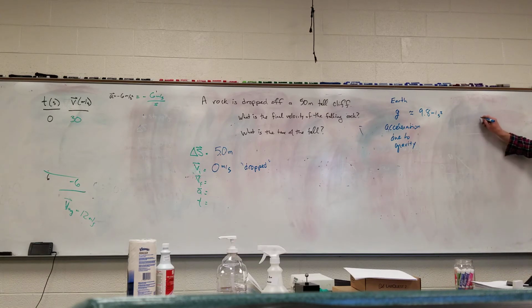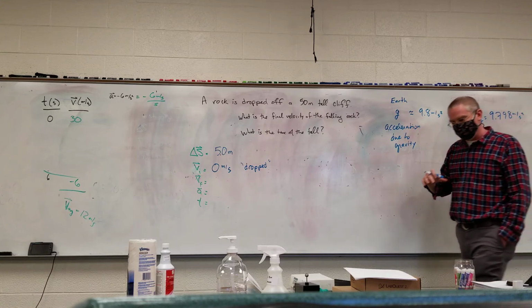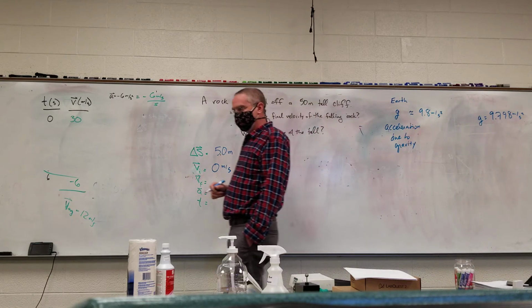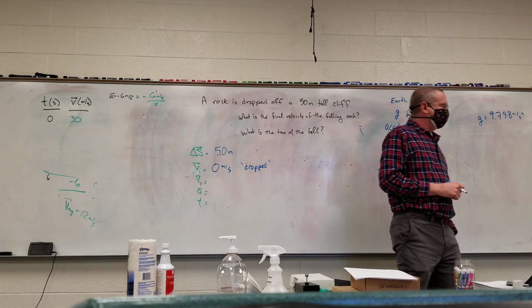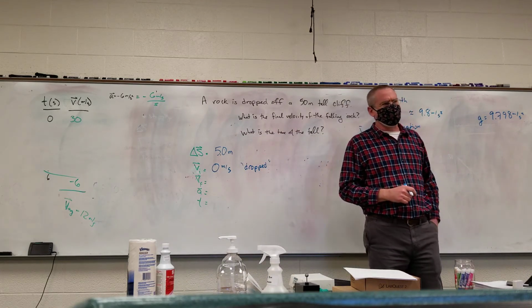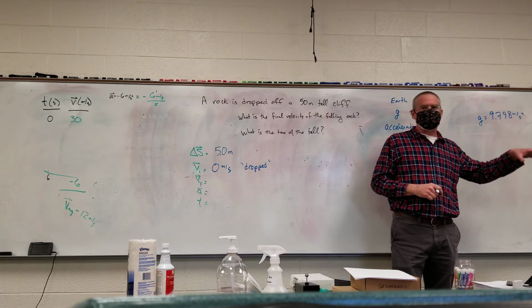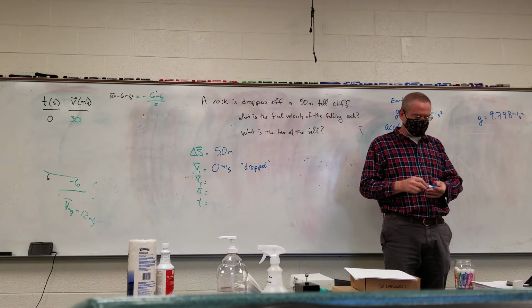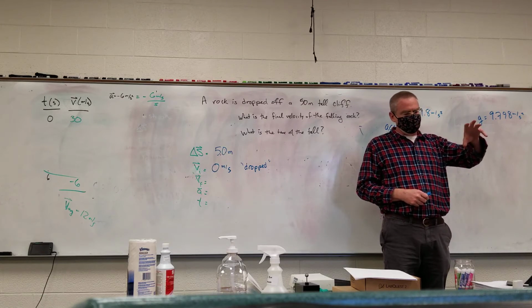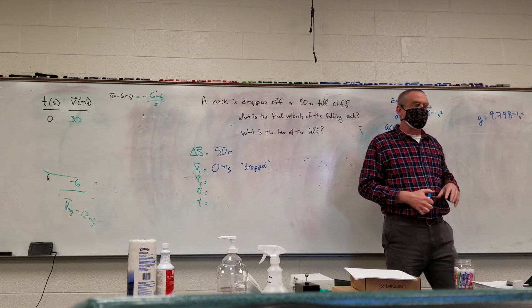Winston-Salem, 9.798 meters per second squared. That is Winston-Salem specific. I think starting in the 70s, they started to do the experiments trying to figure out what is the acceleration due to gravity throughout the world. And so they had these instruments that are placed various places.